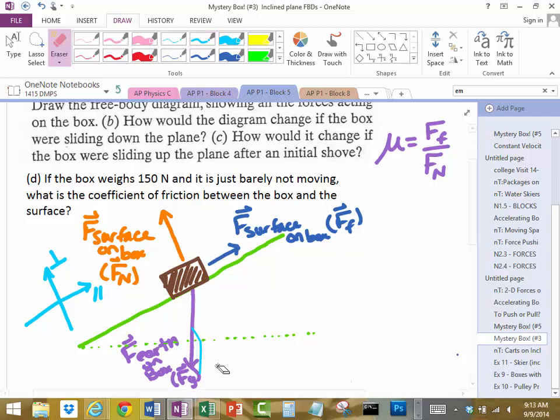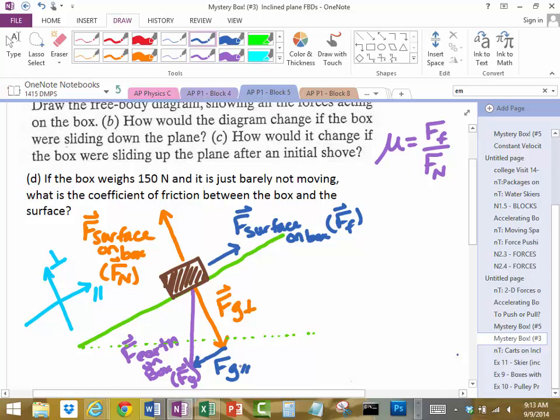If we do that, then we need to break FG into its perpendicular pieces. There's going to be a part that goes like this. I'll call that FG perpendicular. There's going to be a part that goes like this. I'm going to call that FG parallel. Okay? Now, word of warning.